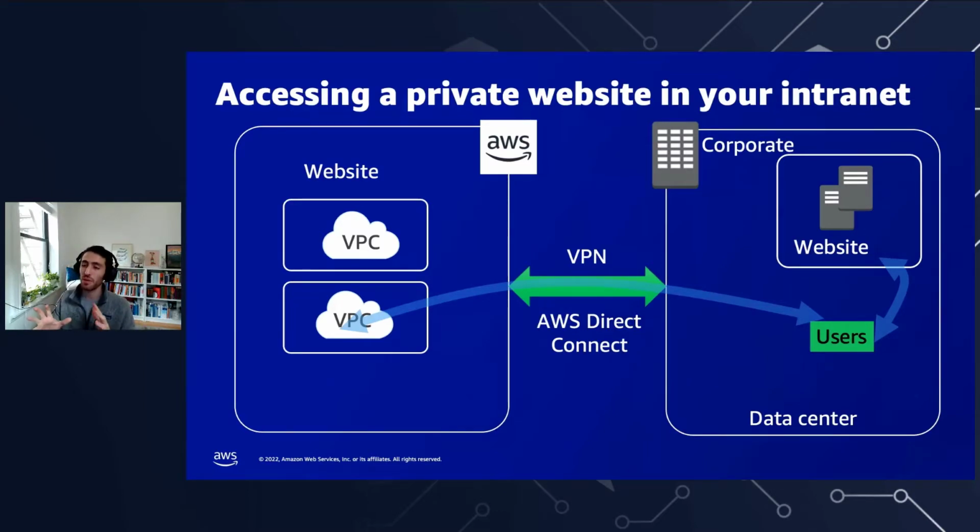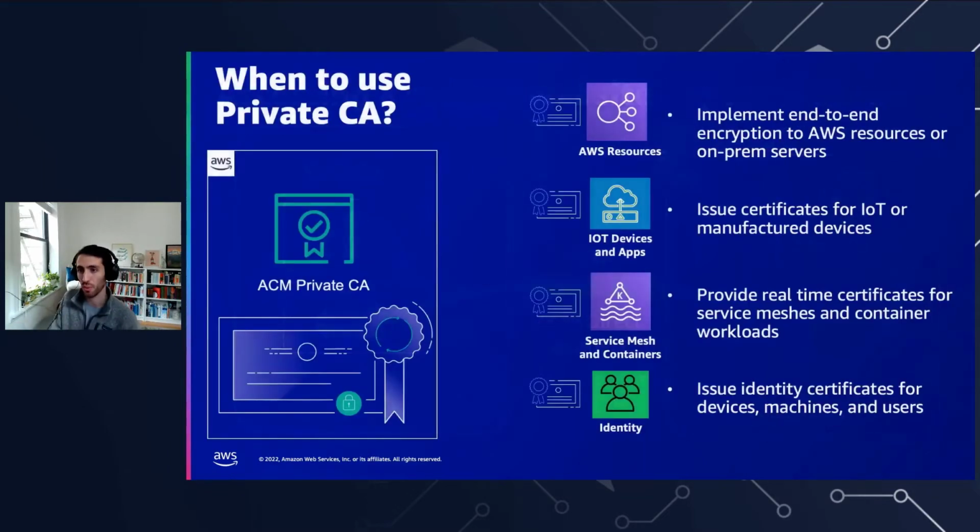This workshop will cover private CA workloads. Now, what are those workloads? There's a bunch of workloads you can use with ACM Private CA. First and foremost, you can implement end-to-end encryption for AWS resources, on-prem resources, or a combination of the two.